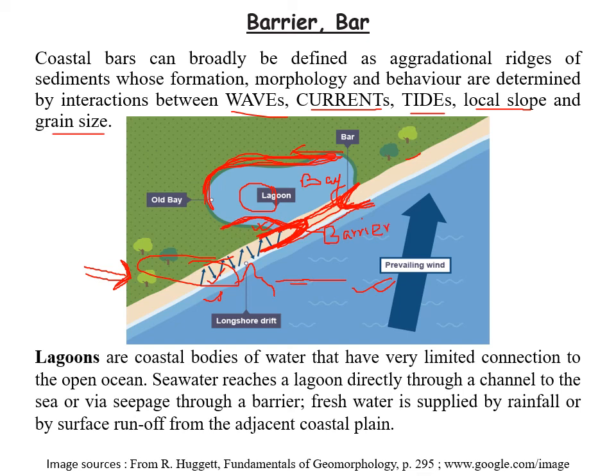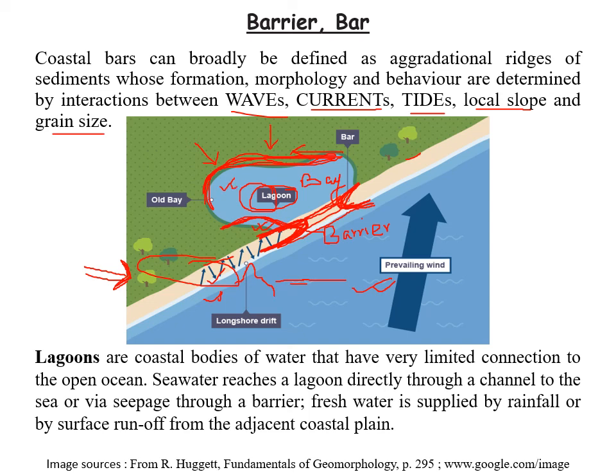Due to the formation of spits and the increase in their size, gradually with time these spits merged with each other, thereby closing the supply of ocean water to this part of the water body, and now this part is mainly fed from the inland fresh water, but occasionally in high energy conditions it receives salty water from the ocean. So that is why a lagoon is formed, which was previously an old bay.